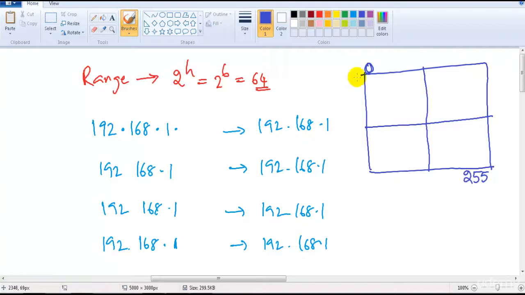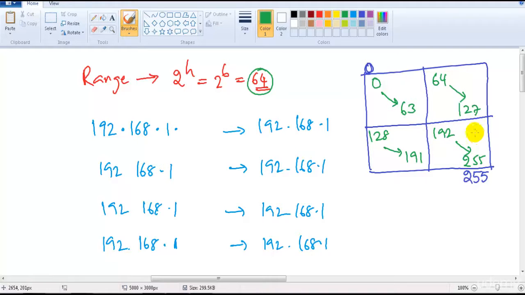So now this is further divided into 4 parts, and the range will be a group of 64 addresses for one network. Which means 0 to 63 is one network, because it's a group of 64 addresses, and 64 to 127 will be another network, 128 to 191 will be another network, and 192 to 255 will be another network.